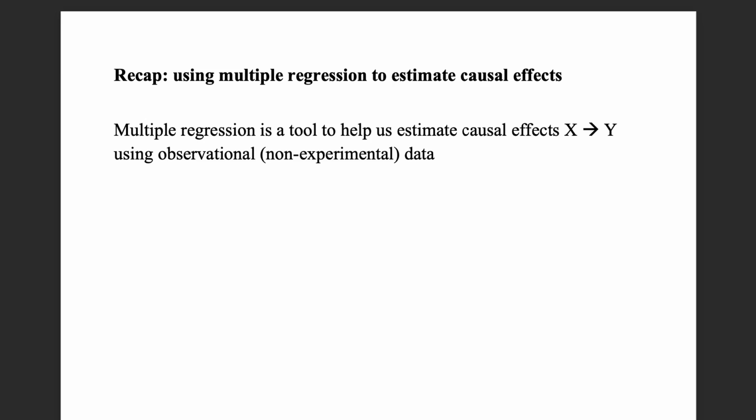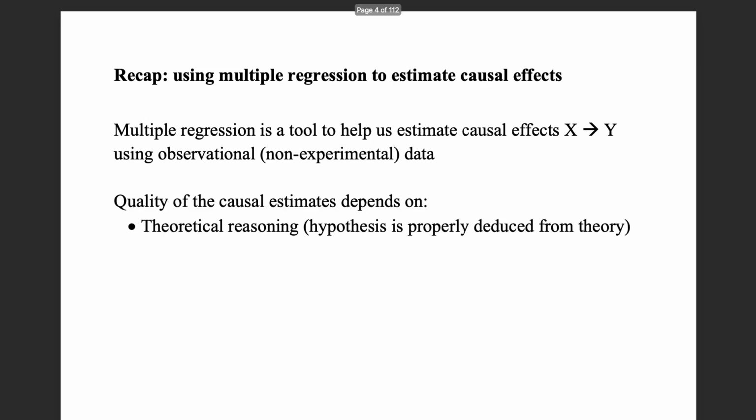So we saw how we can use multiple regression analysis to improve on our estimates of causal effects over just using bivariate correlational analysis. And we also saw that we can use it that way, but of course the question is how well does it work?